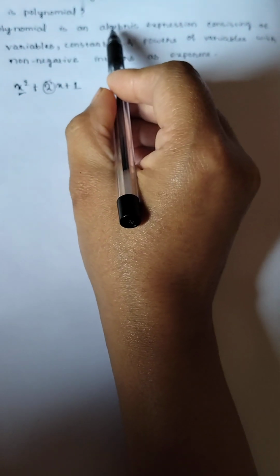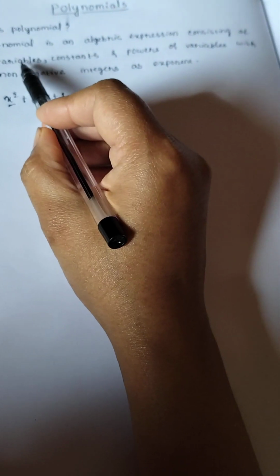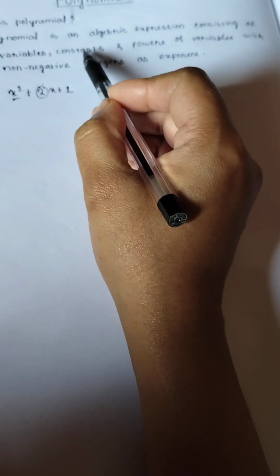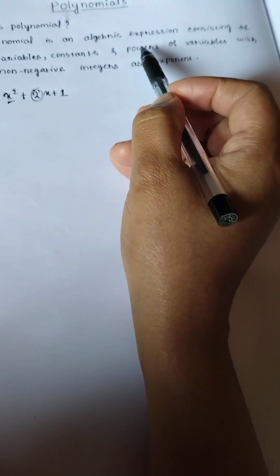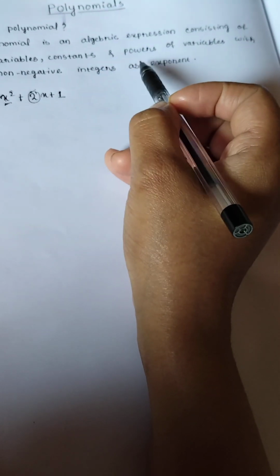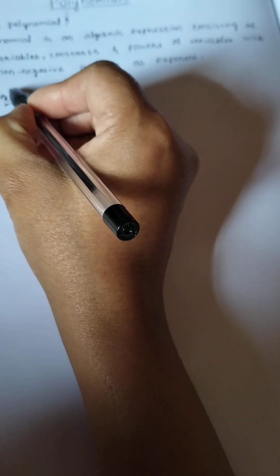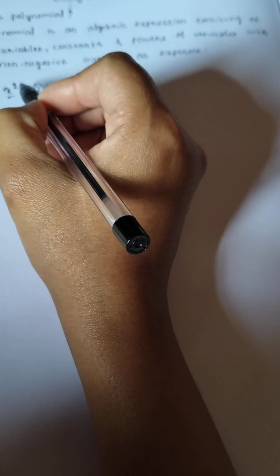A polynomial is an algebraic expression consisting of variables. X is the variable, here 2 is the constant, and powers of variables with non-negative integers as exponents. Here the exponent is 2, so this exponent should be non-negative.